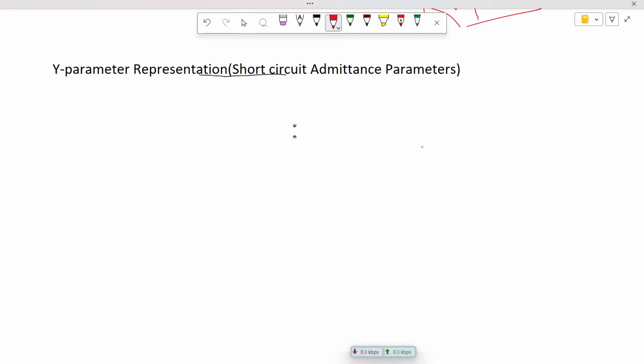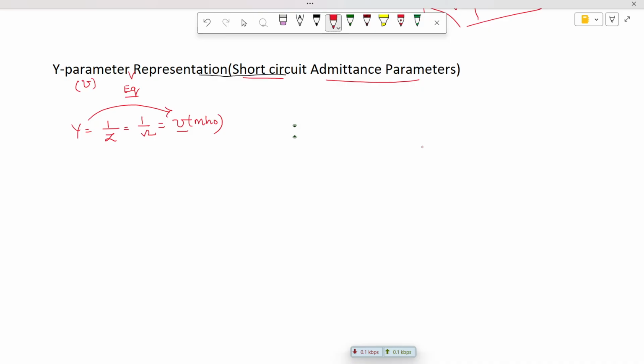Today we are going to understand what is meant by Y parameters, how they are represented as an equivalent circuit, and why they are called short circuit admittance parameters. The unit of Y parameters is mhos, because Y is equal to 1 by Z. The unit of Z is ohms, so the unit of admittance is mhos, which is the inverse of ohms.